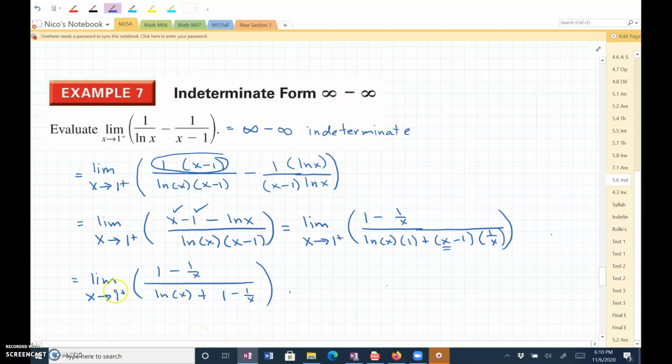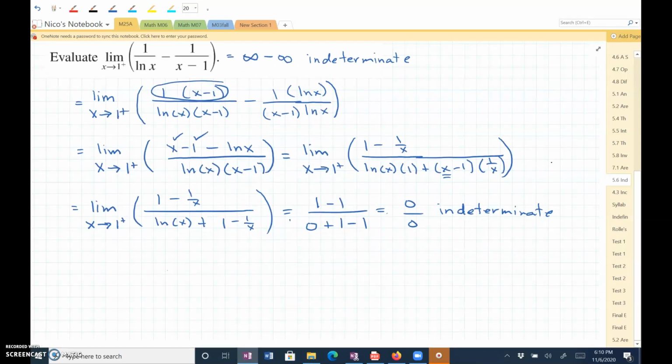So now, let's try to apply the limit. If we do direct substitution, I put in 1, this would be 1 minus 1 all over 0 plus 1 minus 1. So this is going to be 0 over 0, which is still indeterminate, which means I have to do L'Hôpital's again. So let's change this to x to the negative first, and change this to x to the negative first.